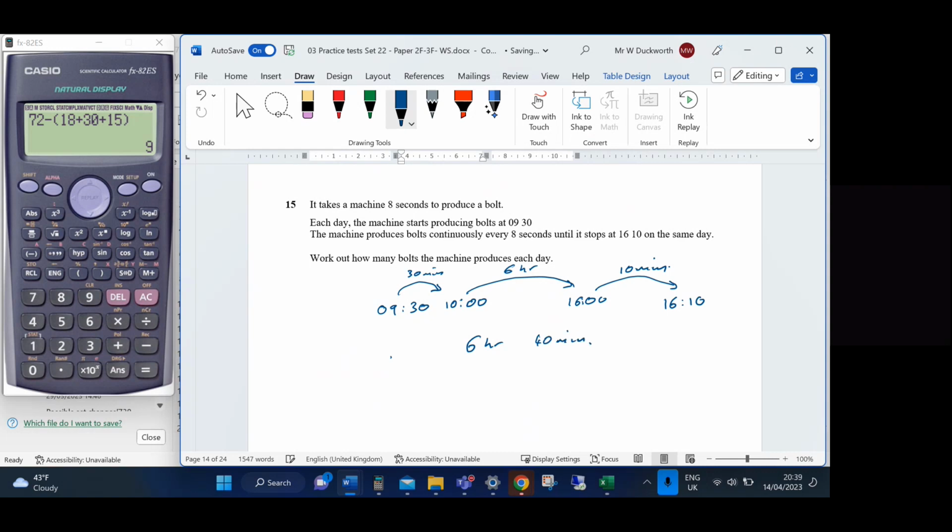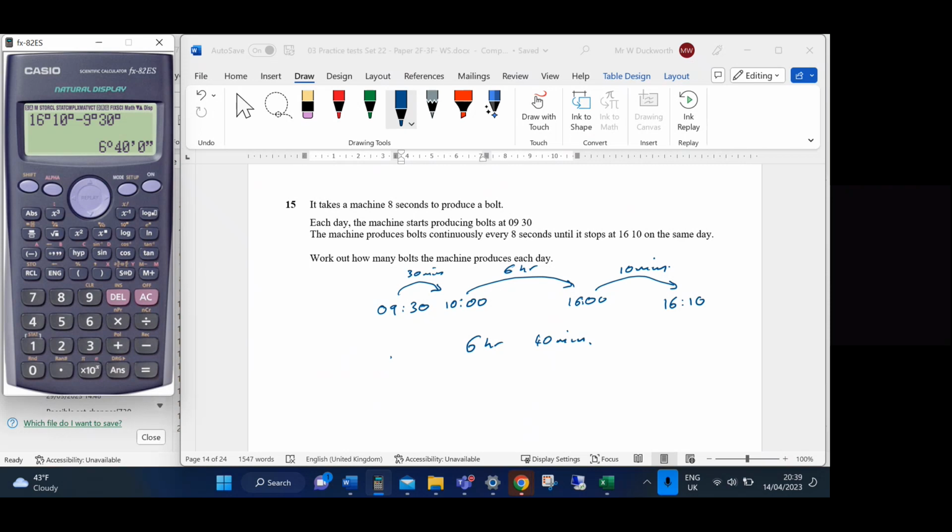We could do this on a calculator though. We could use our time function on our calculator, and we could say 16 hours and 10 minutes. And from that, I want to subtract 9 hours and 30 minutes. And that gives us 6 hours and 40 minutes.